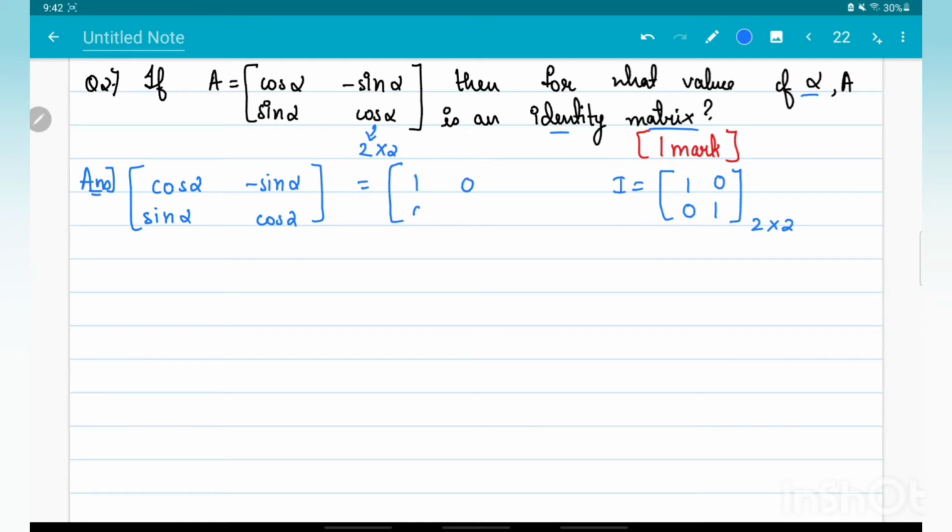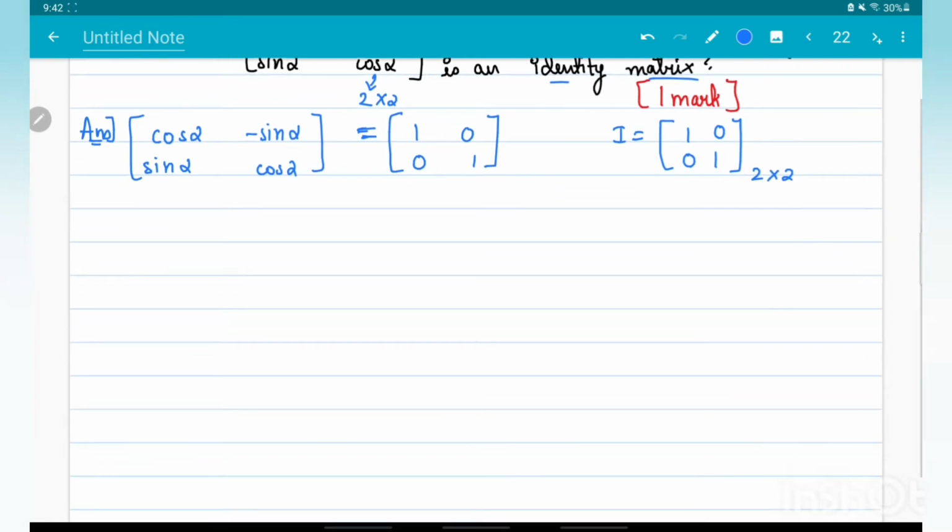That is what I'm going to do basically over here. I've equated both the matrices, which are of order 2 by 2. Since you can see there's an equal to symbol in between, that means both the matrices are equal, that is, the corresponding elements of both the matrices will be equal. So now I'm going to find the value of alpha.